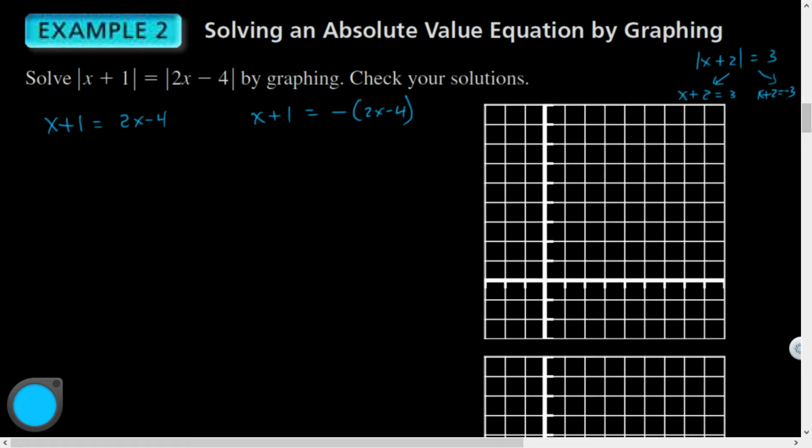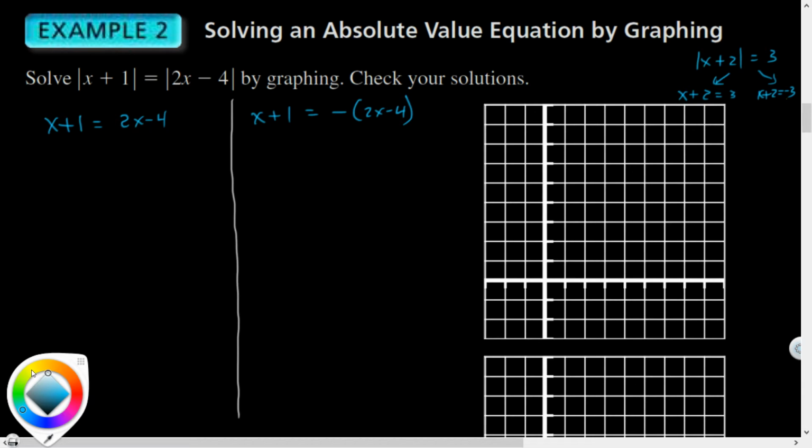Those are my two situations here. It's the same idea as this. It's just weird that we're applying it to absolute values. And this does take care of the fact that these are both absolute valued, and it wasn't just one side that was absolute valued. So I've got two separate cases here.